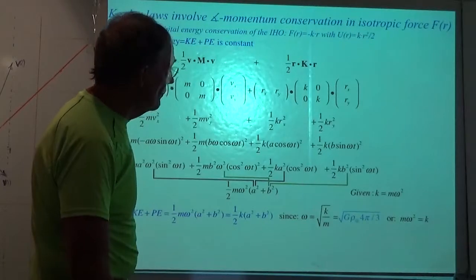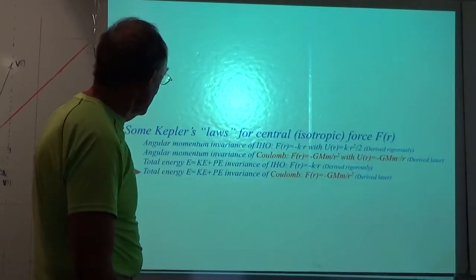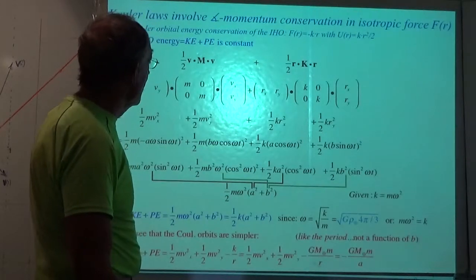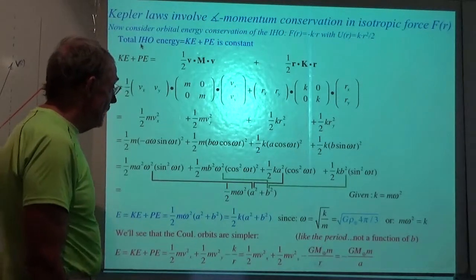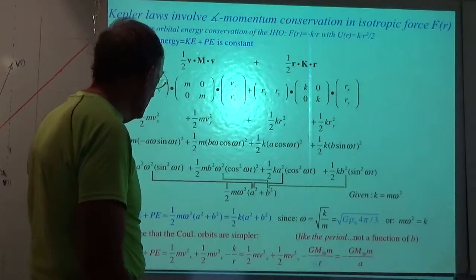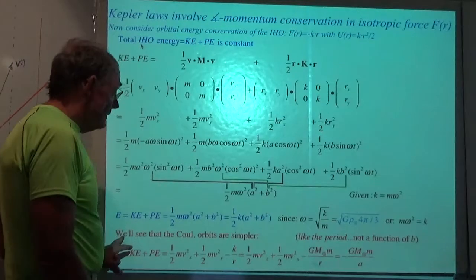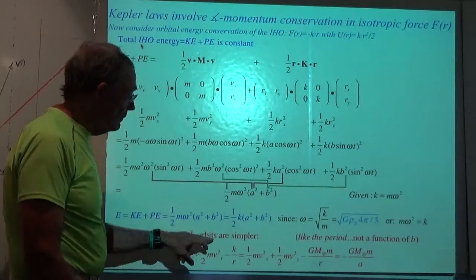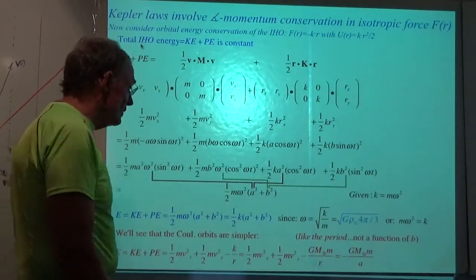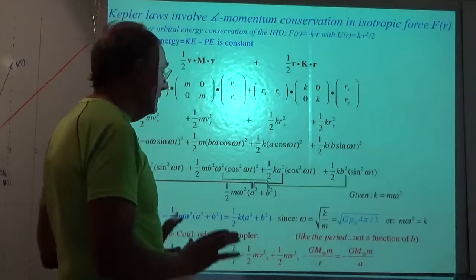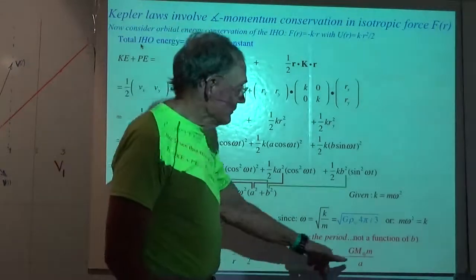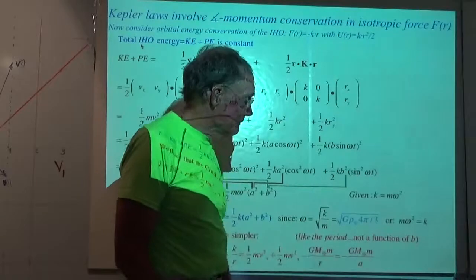And just getting used to the notation is a little bit of this. Now the total energy function for these two is actually simpler for the Coulomb orbits. For the Coulomb orbits, the total energy is only a function of A, just like the period.